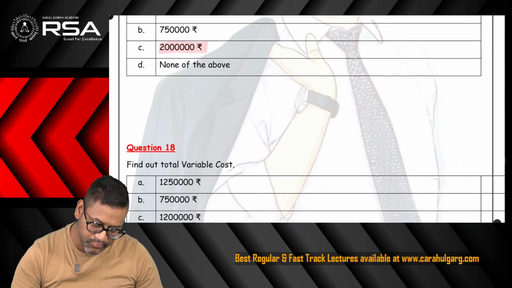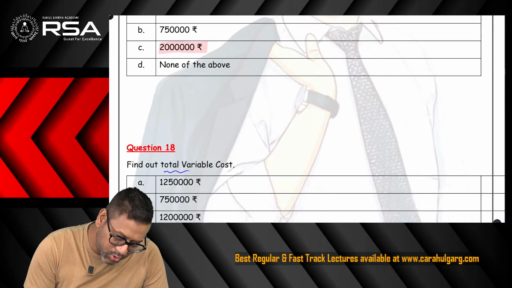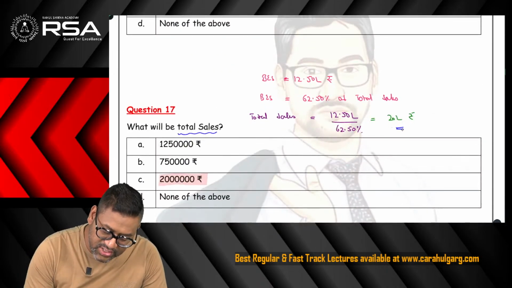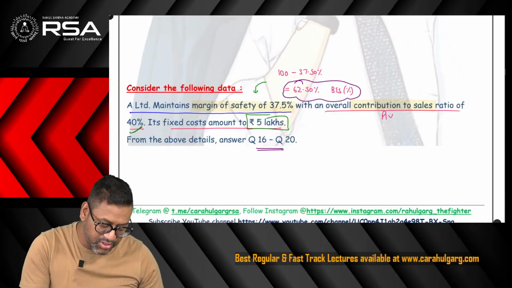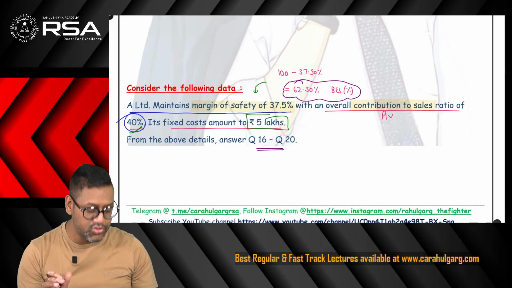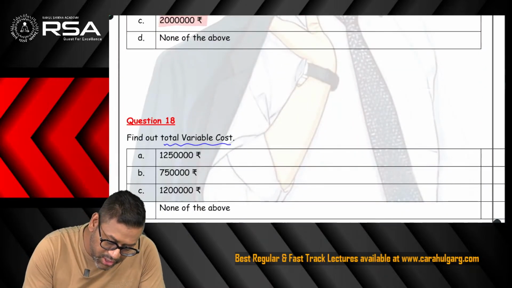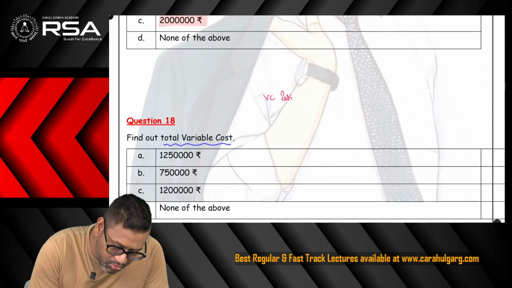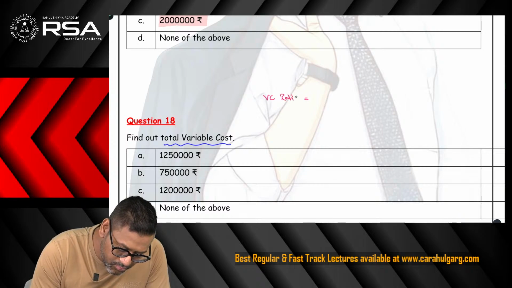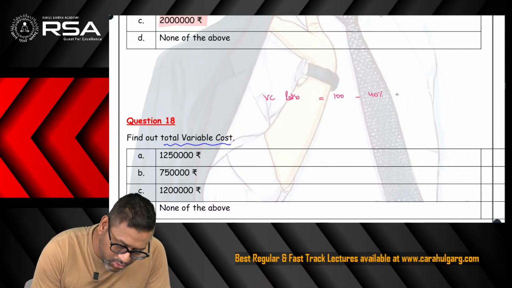The question says find out the total variable cost. Now you have the total sales as 20 lakh rupees. The PV ratio was given as 40%, and we know the total of PV ratio and VC ratio is 100%. So first of all, I can say that the variable cost ratio is 100 minus 40%, that is PV.